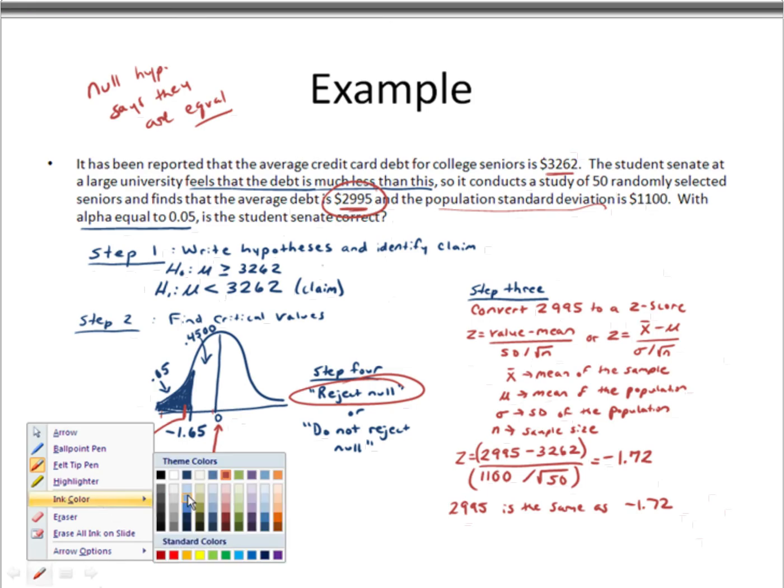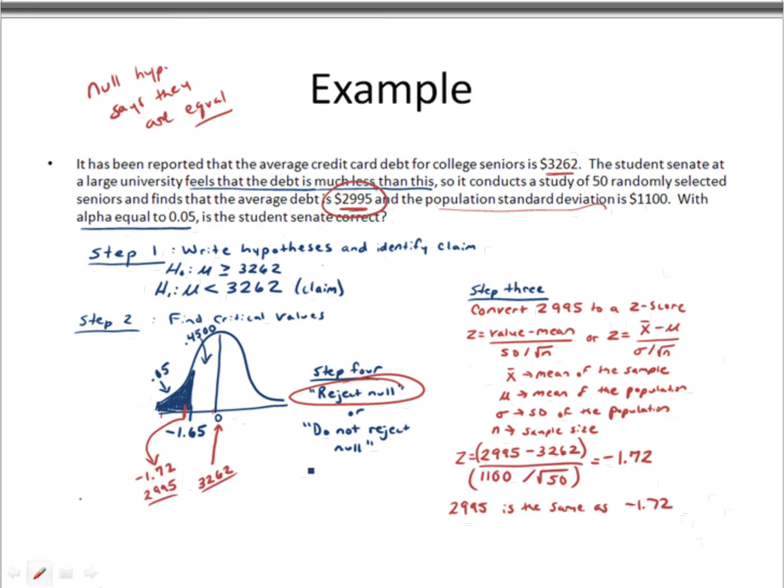All right, now step 5 is the step where you go in and you actually say, okay, how does this relate to the student senate's thought about the credit card debt? And there's a chart in your book in section 8.2 that's going to help you determine how to state your concluding statement.